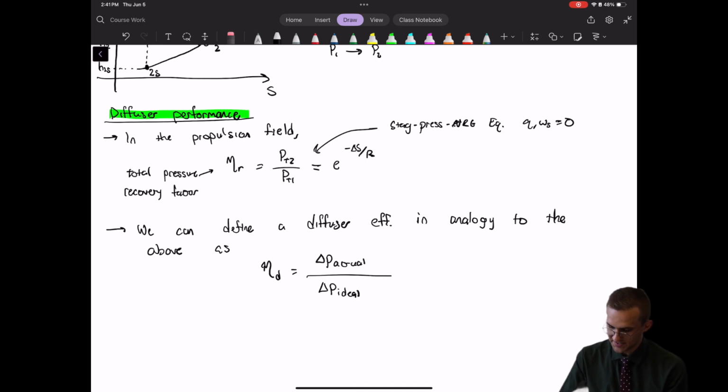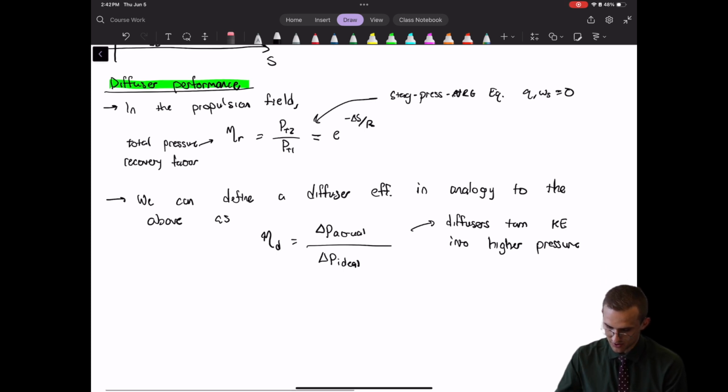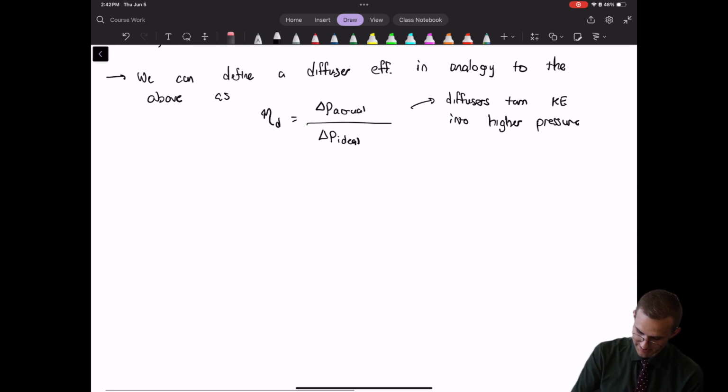Okay, and this is because diffusers turn kinetic energy into higher pressure generally. Okay, and then we can kind of draw this on an HS diagram as well.